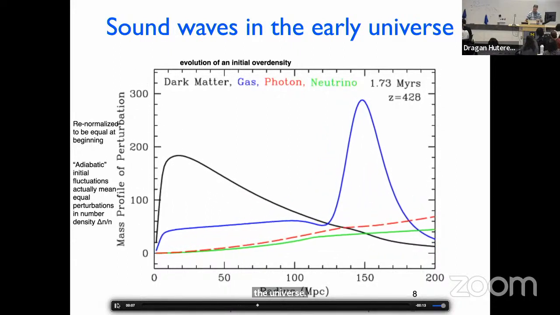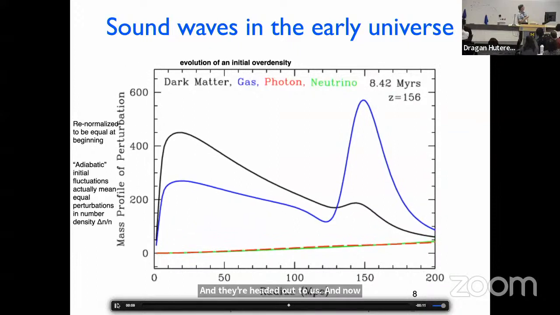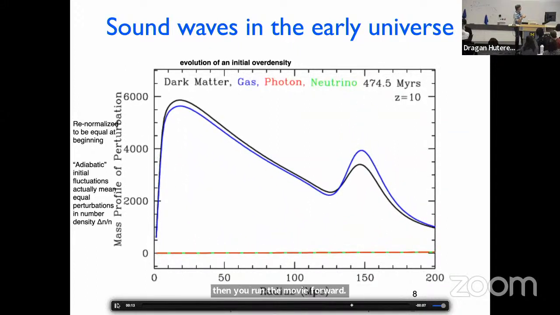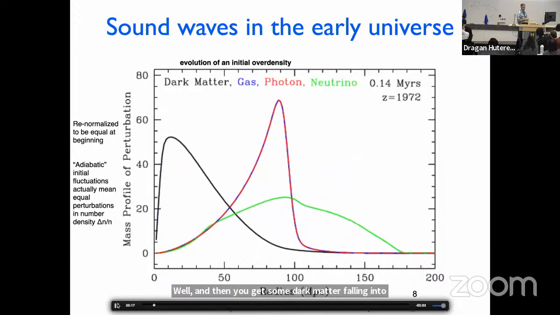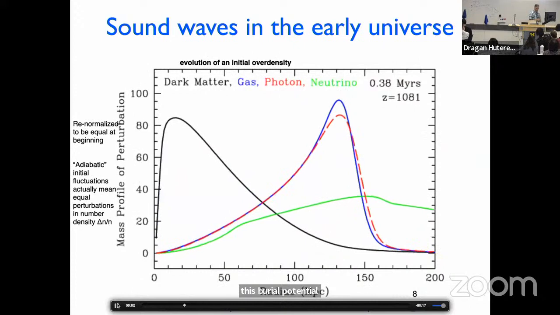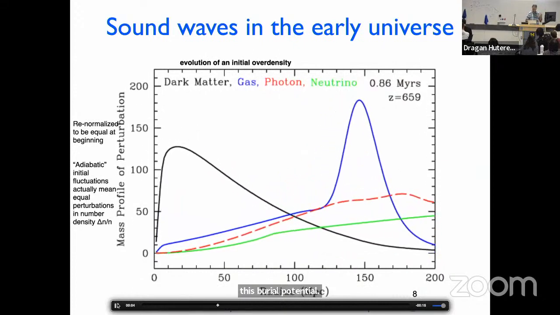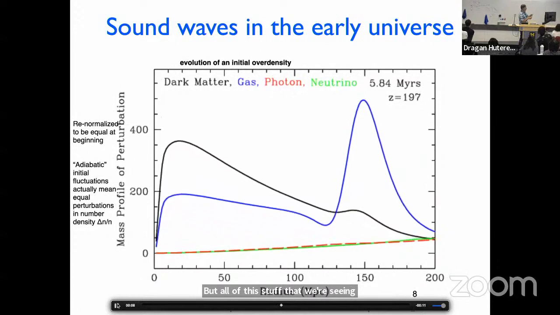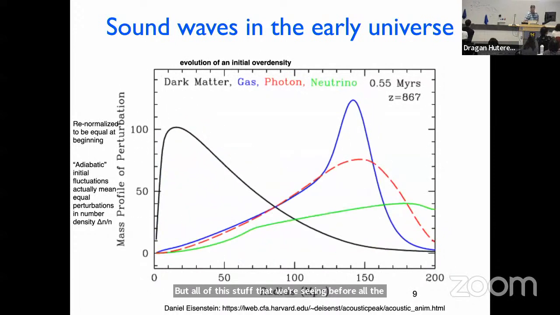And now at that point, you run the movie forward. You see eventually the baryons fall back into the dark matter potential well, and then you get some dark matter falling into this baryon potential well, and that's the baryon acoustic oscillation out there. But all of this stuff that we're seeing before is what's going to happen with the CMB. So let's just go forward now.